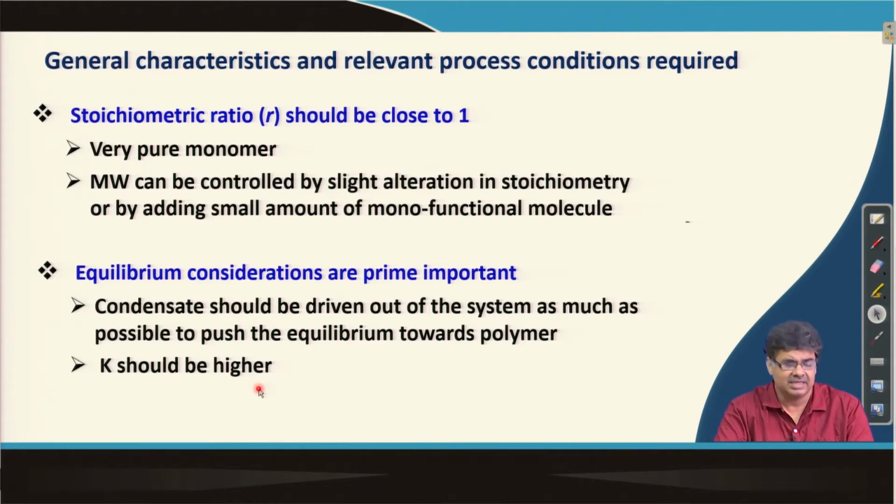So, we should design the monomers such that the reaction between the functional groups is of high feasibility, so that the equilibrium constant is high.